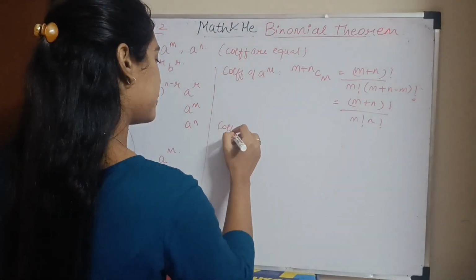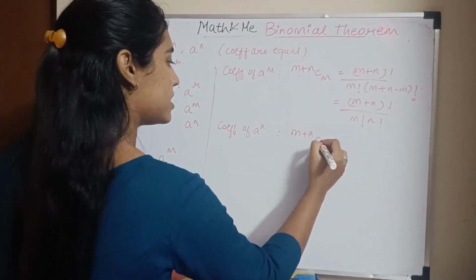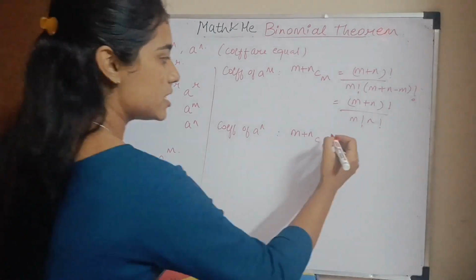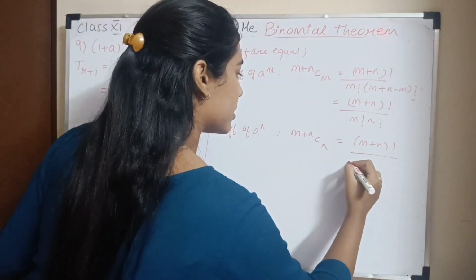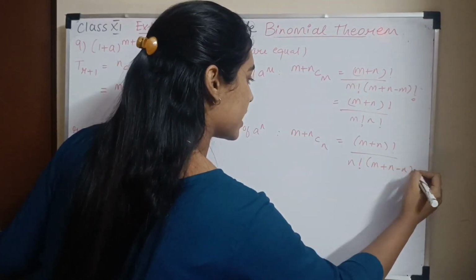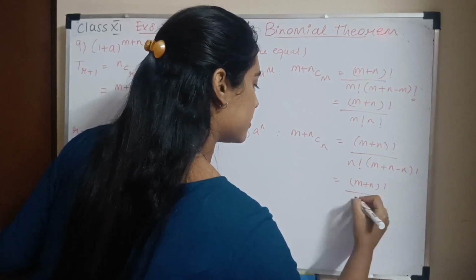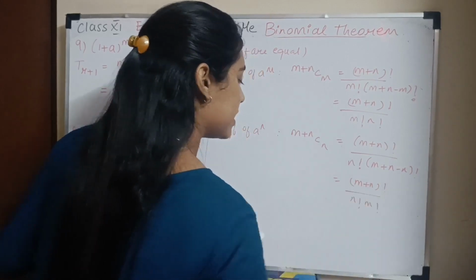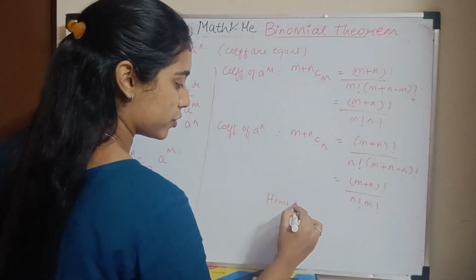Now the coefficient of a to the n is (m+n)Cn. What is it? (m+n) factorial divided by n factorial times (m+n-n) factorial, which is (m+n) factorial divided by n factorial times m factorial. You see that these two are equal. So hence proved. Okay.